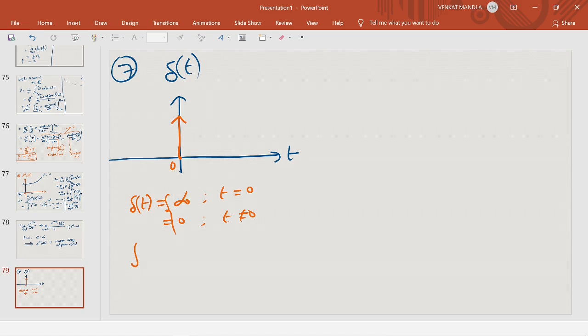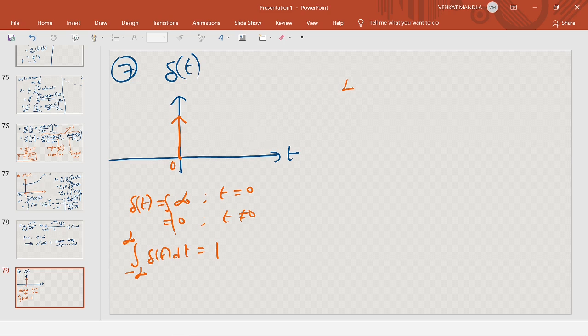And the integral from minus infinity to plus infinity of del of t dt equals 1. The area under this curve is 1. From these definitions, I'm assuming that it is not a constant signal, so it looks like an energy signal.